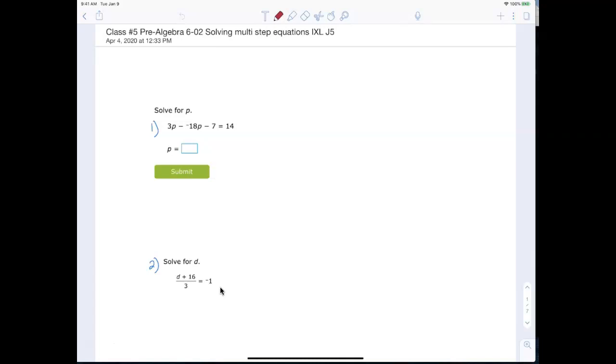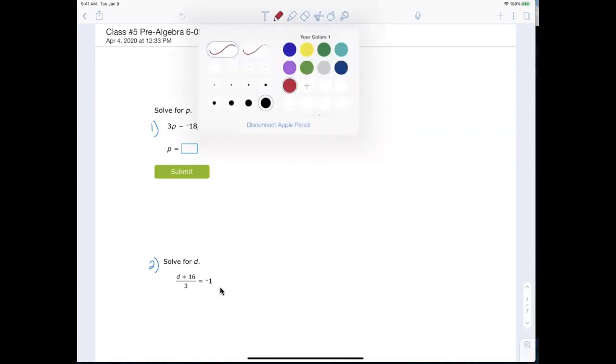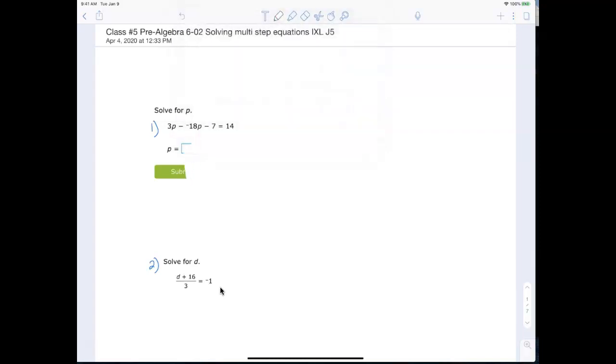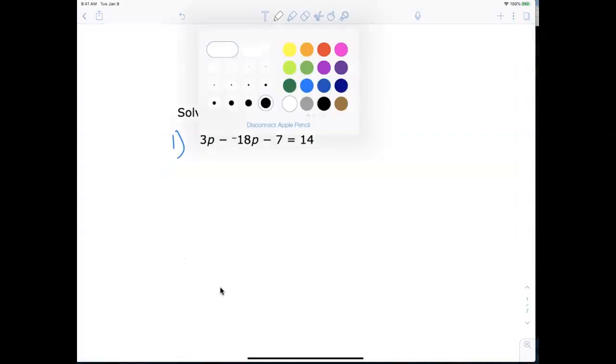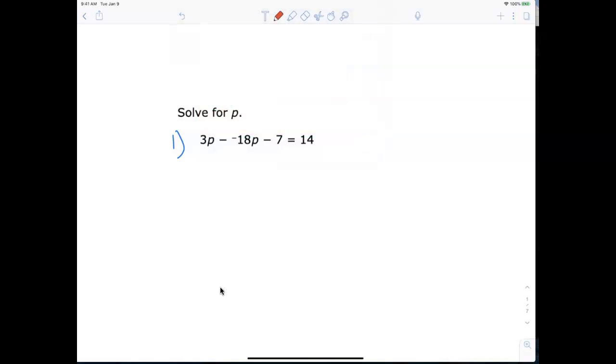Just to show you that these were directly off IXL, I made an example, but then I erased things. So I'm going to erase this part, and now we're going to get started.